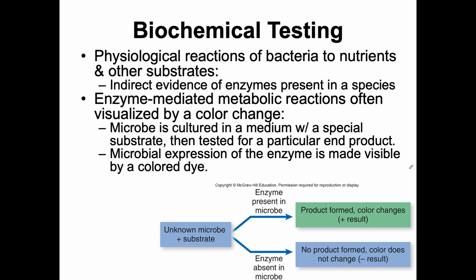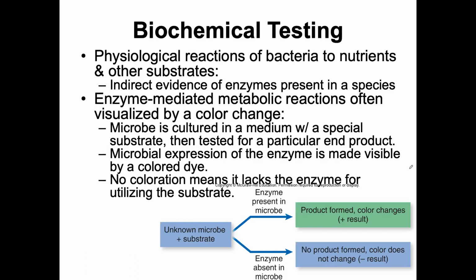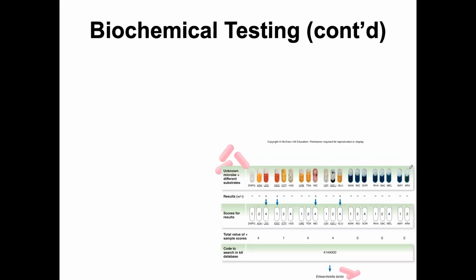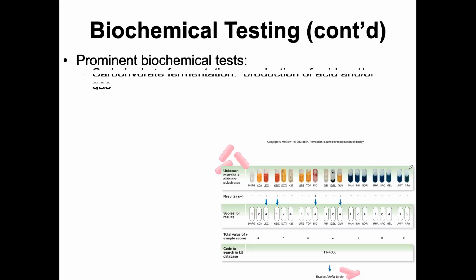Microbial expression of the enzyme is visible by the presence or the absence of a colored dye or the appearance of the surrounding media, okay? No colorization usually means that the enzyme for using that particular dye isn't there, which means that the bacteria doesn't fall into that group, okay?